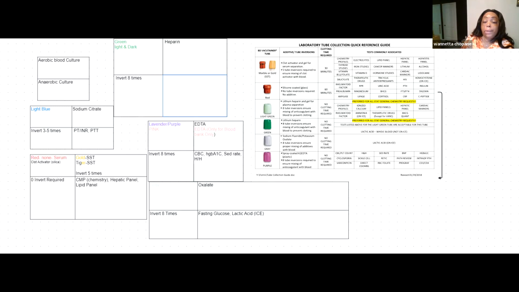The common tests in a green top tube are any chemistry test that's ordered stat, the same as the SST but ordered right away, and then your ammonia test, and that goes on ice. Okay. Did I lose anyone so far? Does anything not make sense?